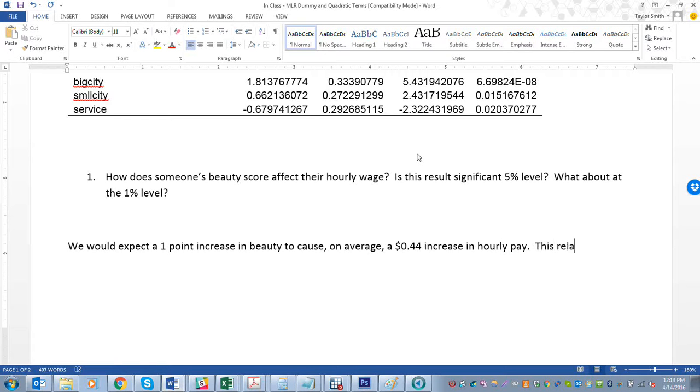This relationship is significant at the 5% level, but not at the 1% level.